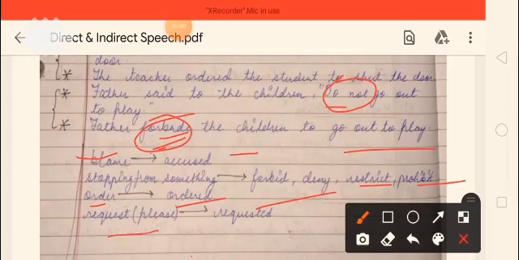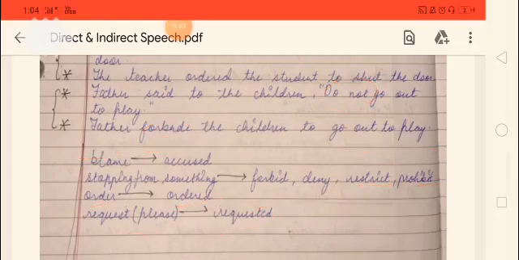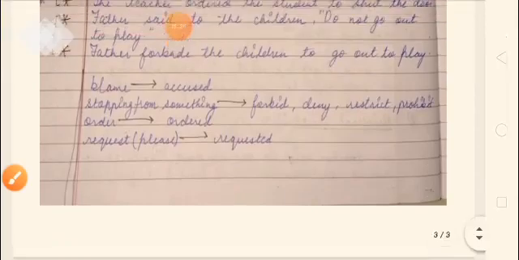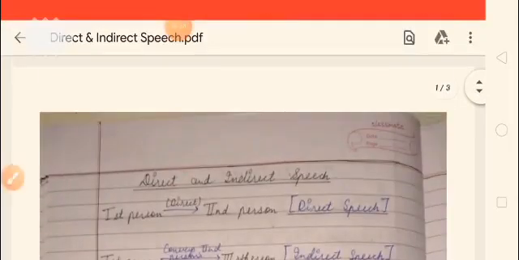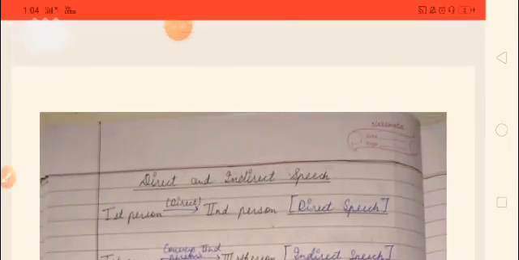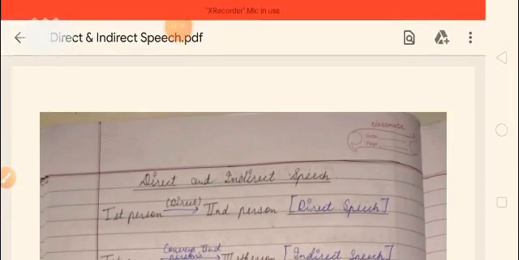In case of request, please, the word "requested" is used. So students, these were some of the rules of direct and indirect speech. Practice as many sentences as you can, as it comes under the section of transformation and it is very, very important. Thank you.